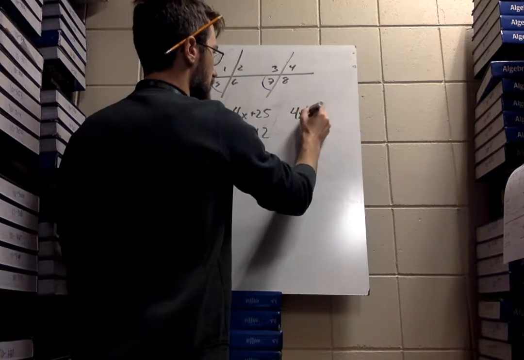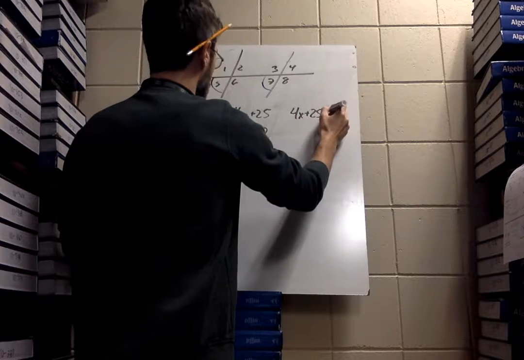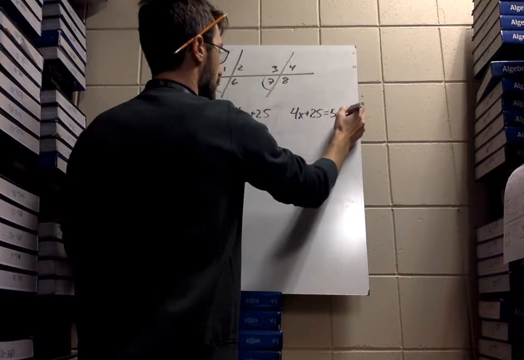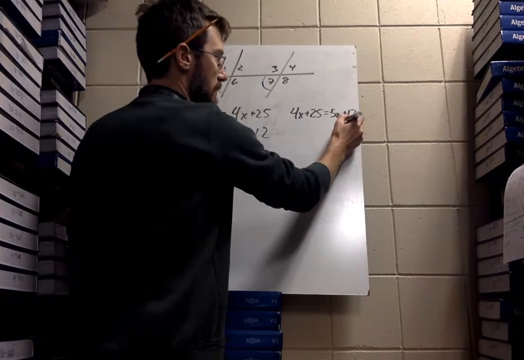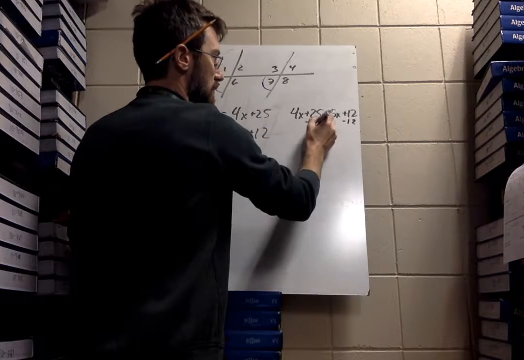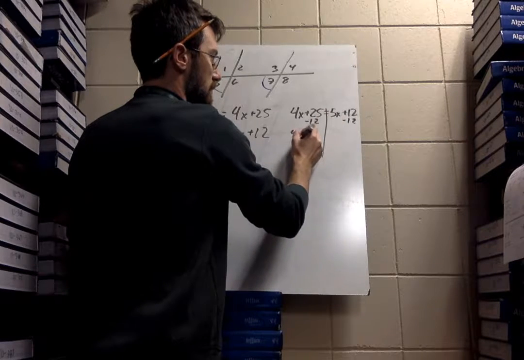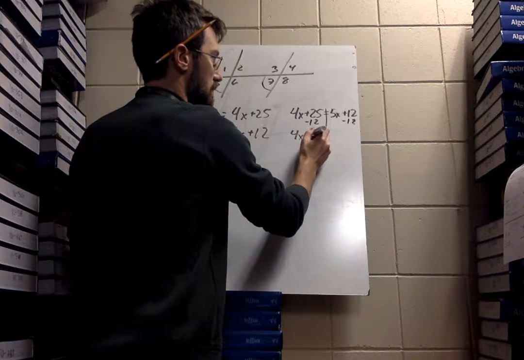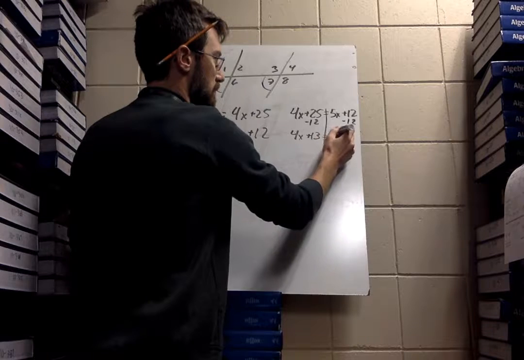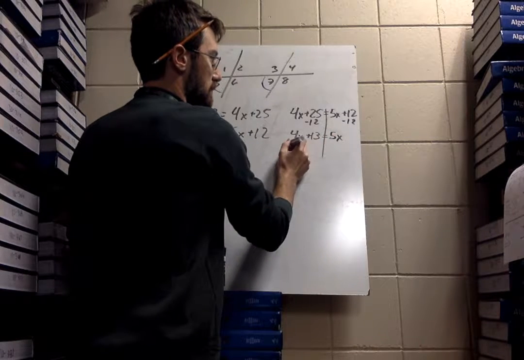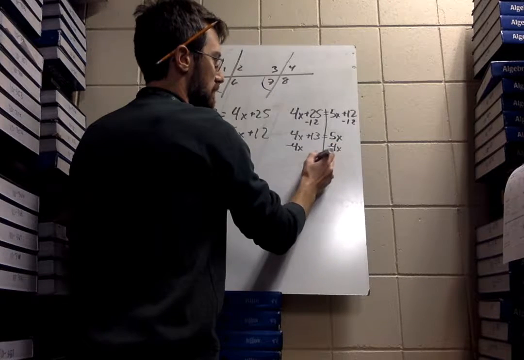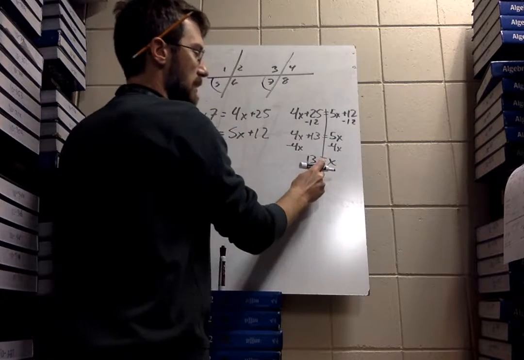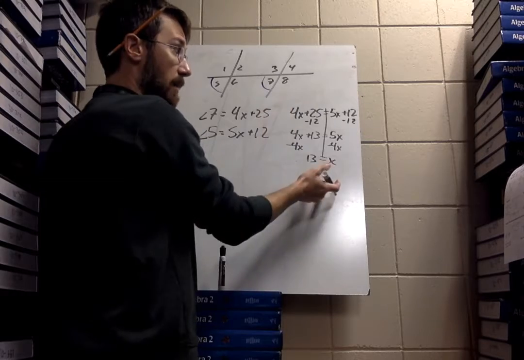So 4x plus 25 equals 5x plus 12, and then solve that. So 13 equals x, and now we're done.